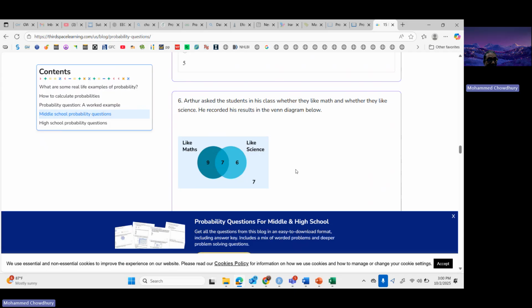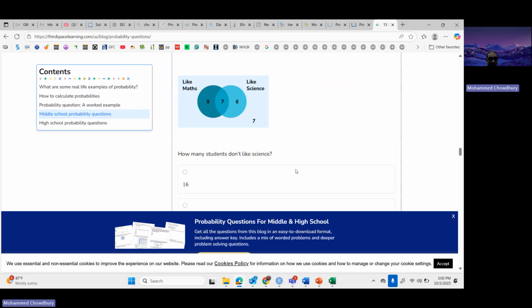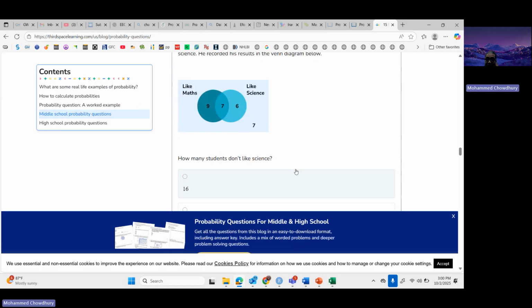So 9 like only math, and 7 like both science and math, and 6 like only science, and 7 do not like any of them. So how many students do not like science? 9 plus 7, right?